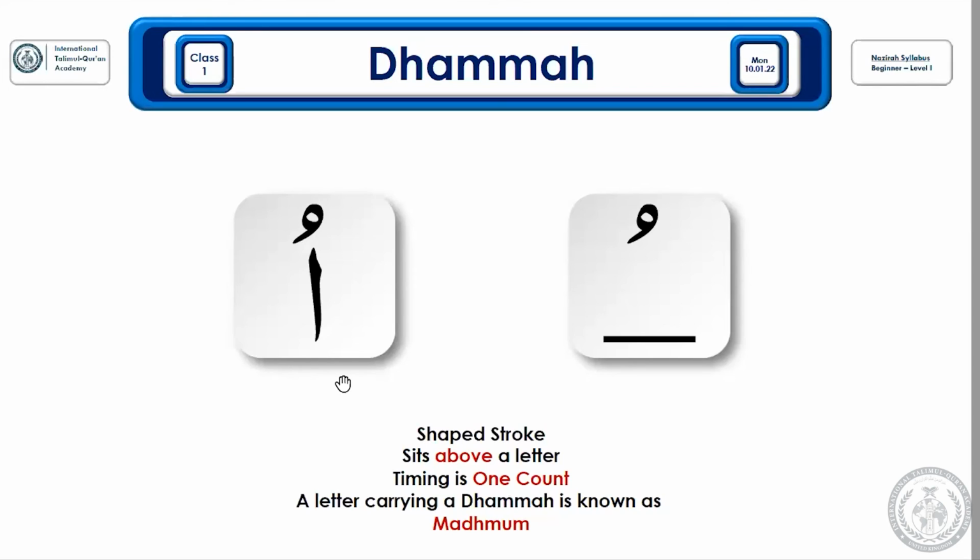I will read it as "u", 1 count only, no longer. Any letter that carries a Damma, be it an alif or a ba or any other letter, is called a madmoom letter. So this alif is a madmoom letter, and I read it as "u".